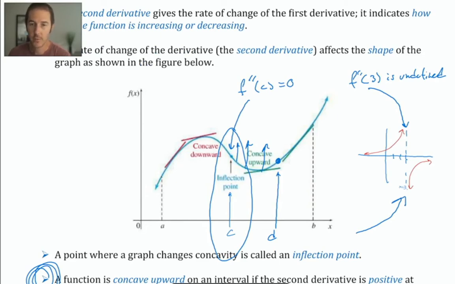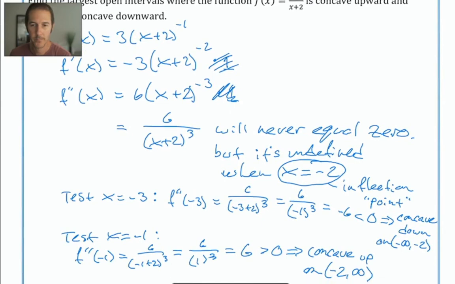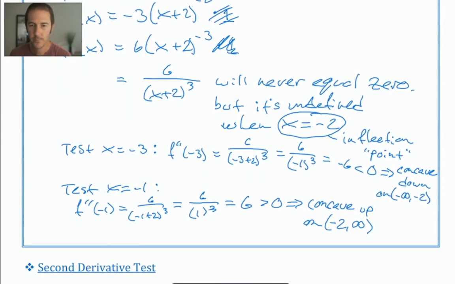It'll have a vertical asymptote at x equals -2. Concave up everywhere to the left of it, concave down everywhere to the right of it. This says concave down to the left. Is that true? Oh, yeah, that's okay.